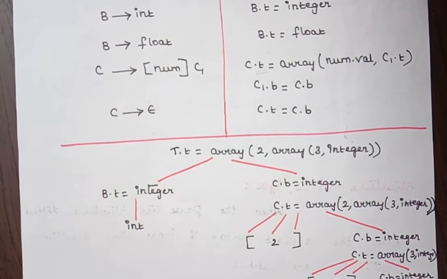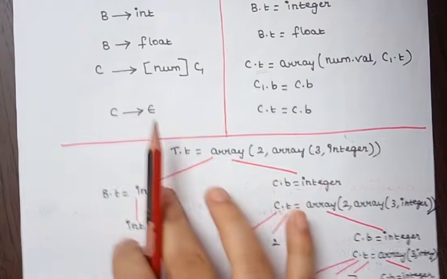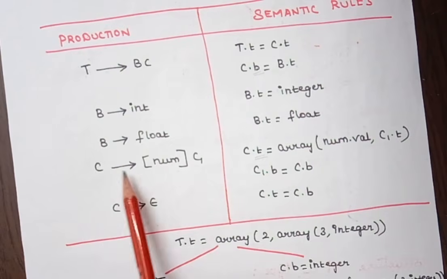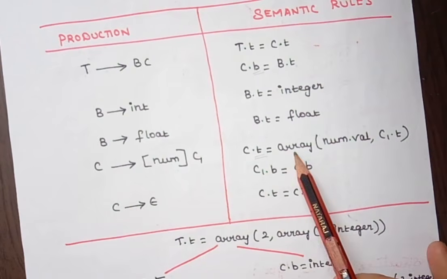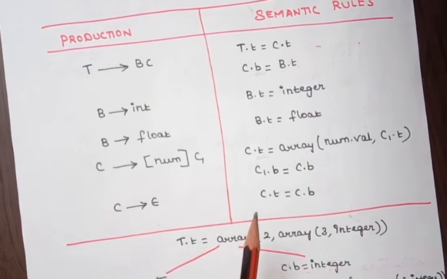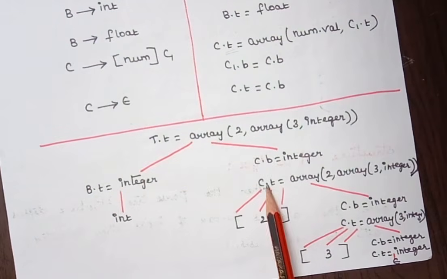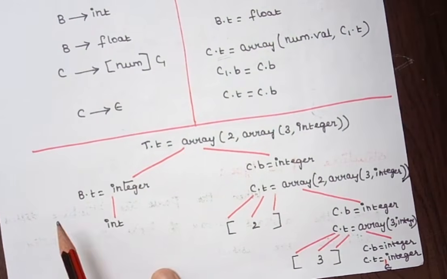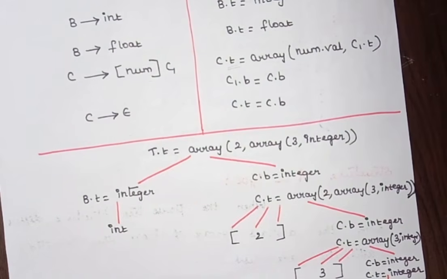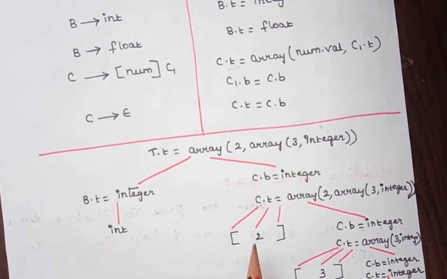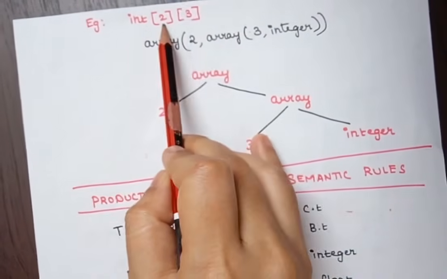And for this C dot t and this C dot t, here we are using this production, that is C implies num C1. According to this semantic rule, we are just assigning the values for this C dot t and this C dot t. Right? So this is the annotated parse tree for the declaration statement integer 2, 3.